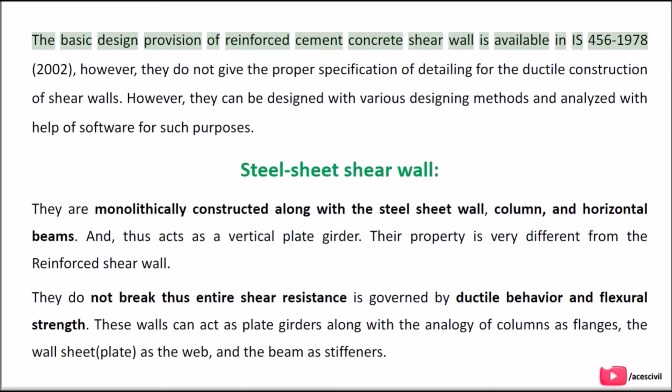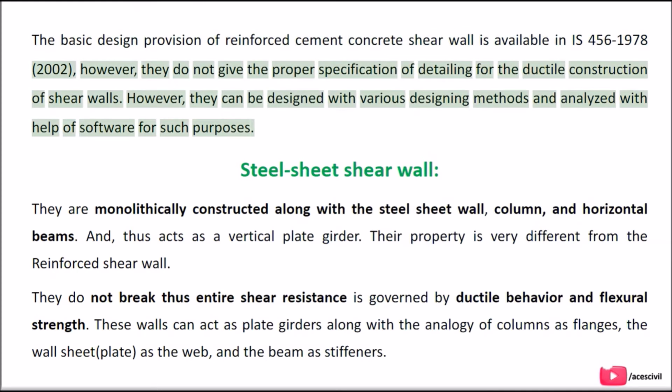The basic design provision of reinforced cement concrete shear wall is available in IS 456-1978, 2002, however, they do not give the proper specification of detailing for the ductile construction of shear walls. However, they can be designed with various design methods and analyzed with the help of software for such purposes.